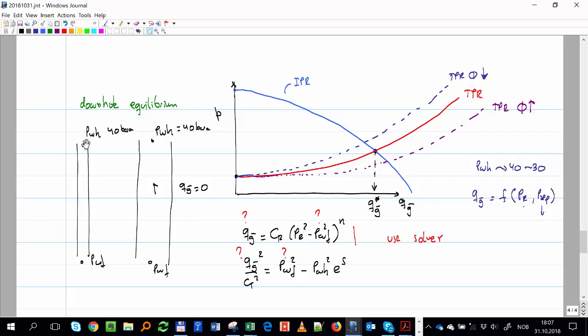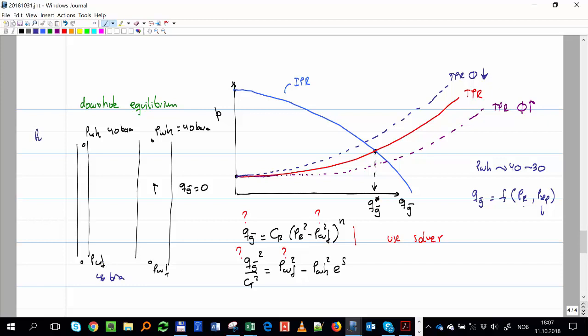Not the same. I have 40 here, and if you remember from last time, the number here was 46 bar, the static.